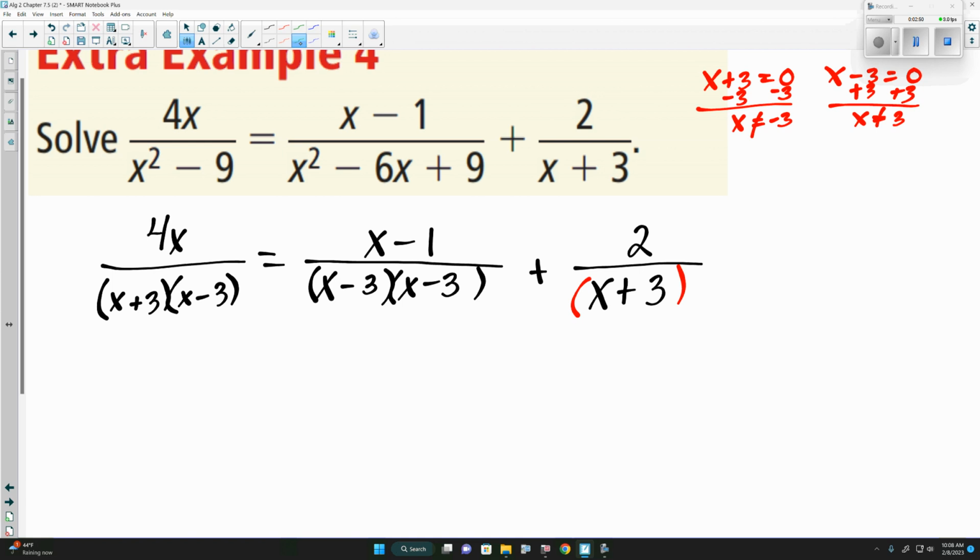Any questions on this so far? Now, what is one thing we know we'll need to multiply all three of these rational expressions by? X minus 3. And the one on the far left, the x minus 3, would cancel out with one of the x minus 3s in the middle.